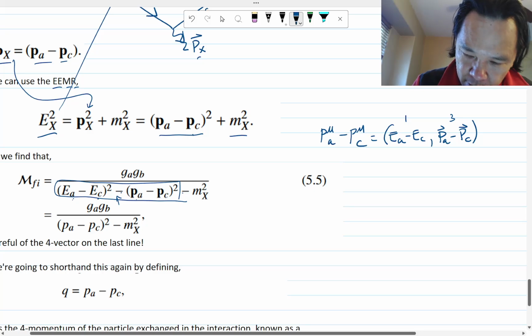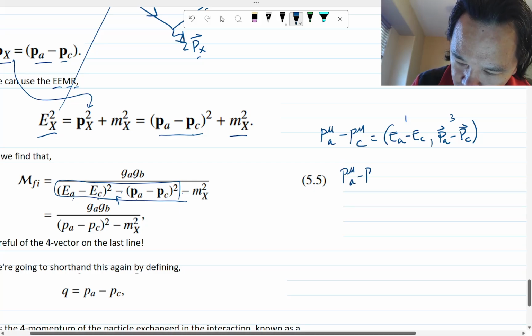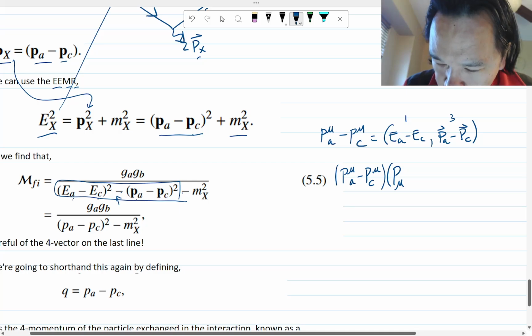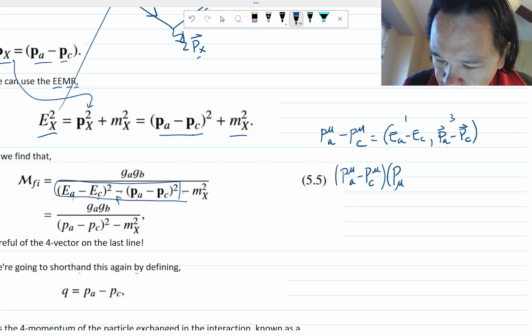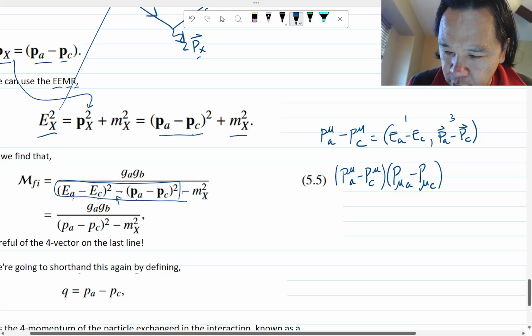But then, if you were to square to calculate this, you would have P mu A minus P mu C, and then P downstairs mu A minus P downstairs mu C. This downstairs one has the same thing, but you have the negative of this instead.